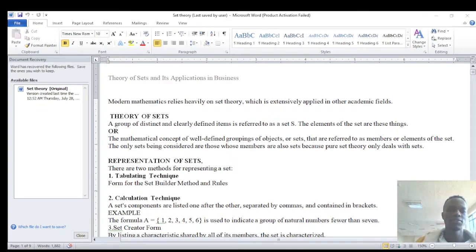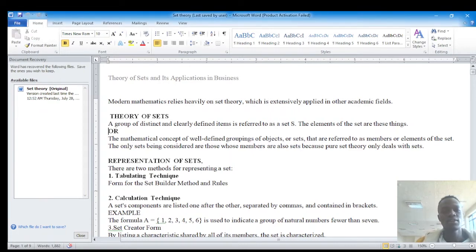We're going to start with what a set theory, or theory of a set, is. Before defining the theory of sets, let's define what a set is. A set is a group of distinct and clearly defined items.